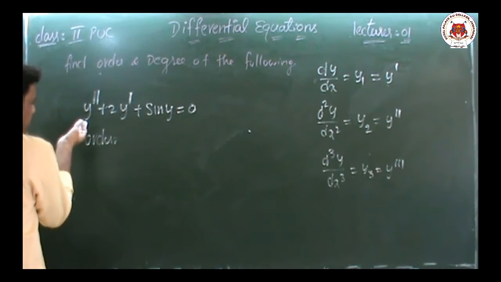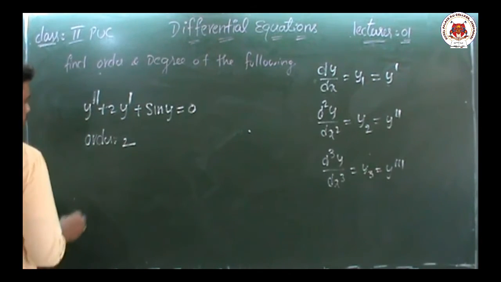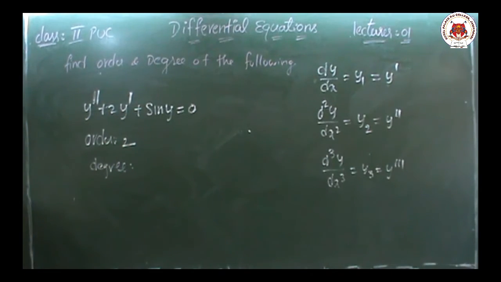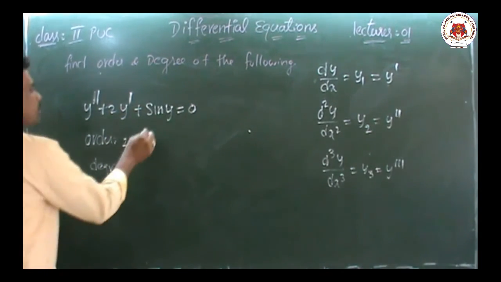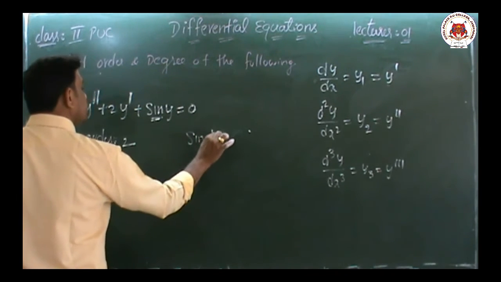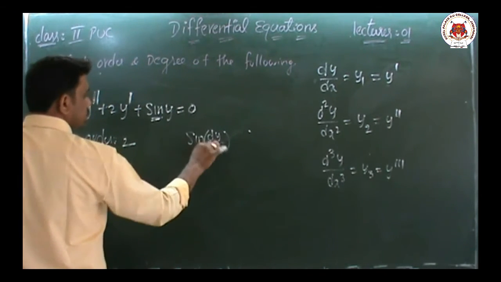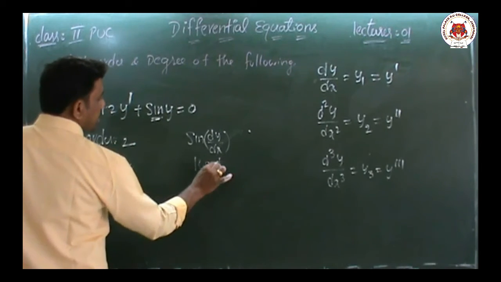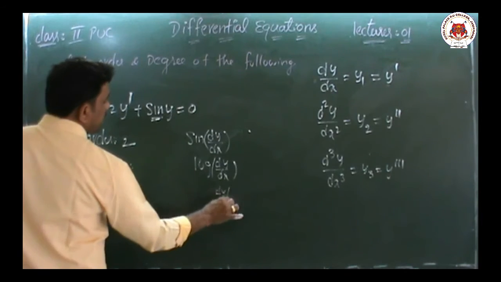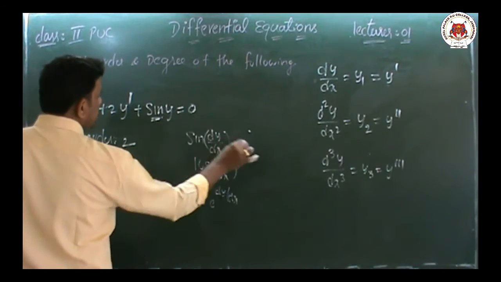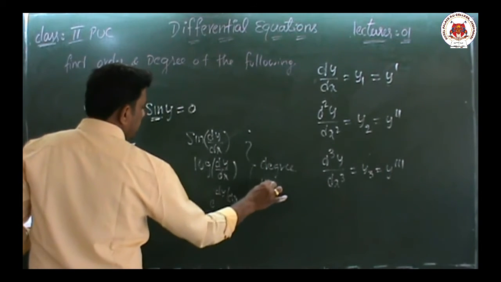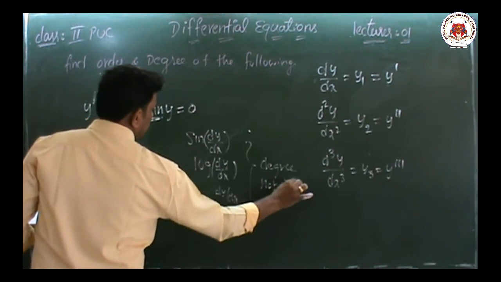But when writing down the degree, we have to check. Here a trigonometric function is there. But what I said: if the trigonometric function has dy by dx, or a logarithmic function has dy by dx, or e power has dy by dx, then only in these three cases the degree is not defined.